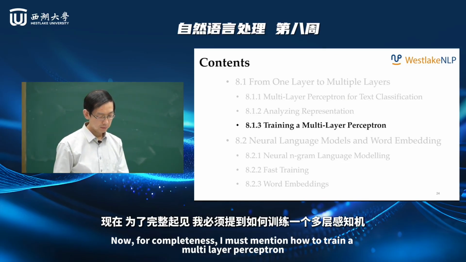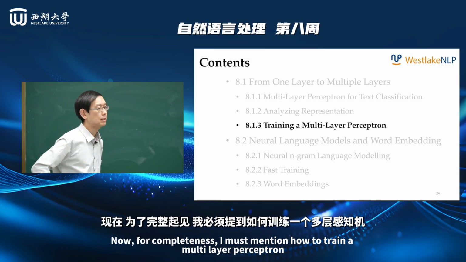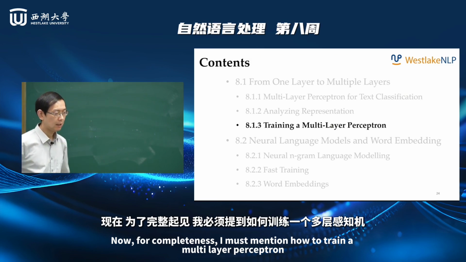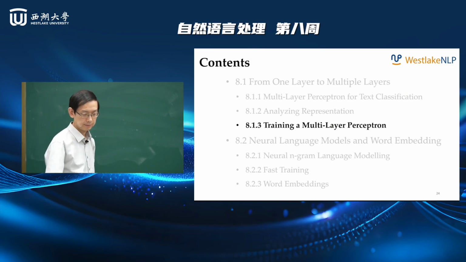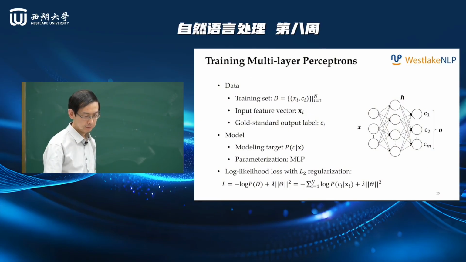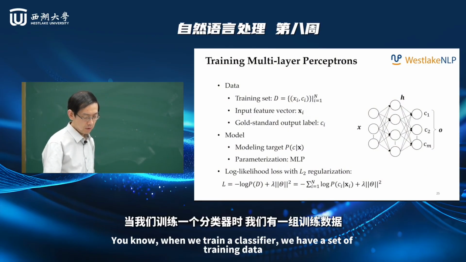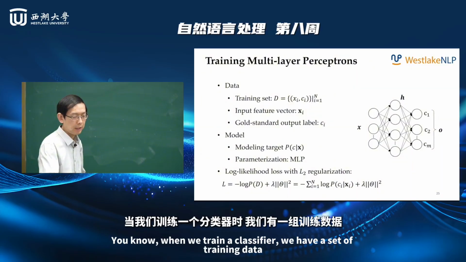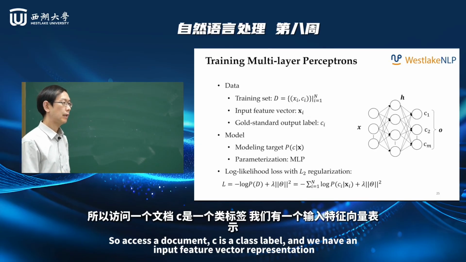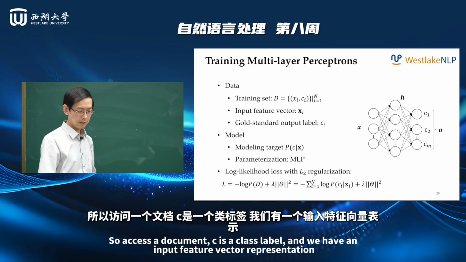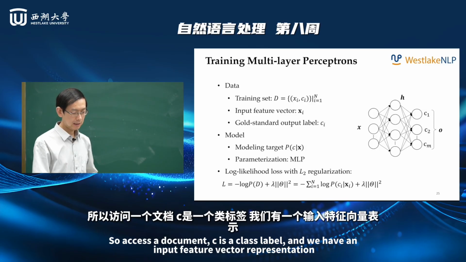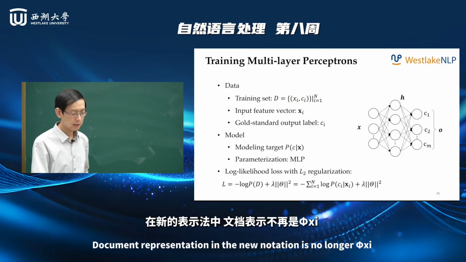Now, for completeness, I must mention how to train a multi-layer perceptron. When we train a multi-class classifier, we have a set of training data. So X is a document, C is a class label, and we have an input feature vector representation, a document representation.